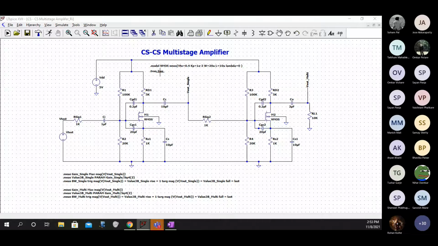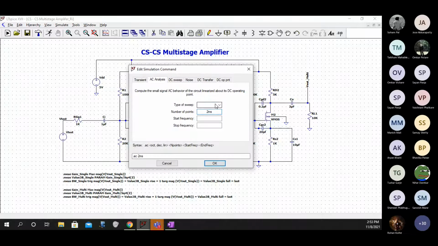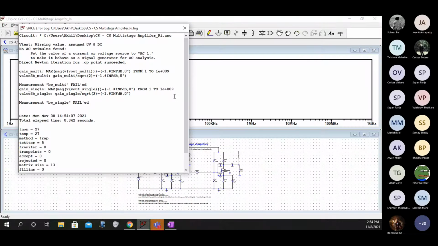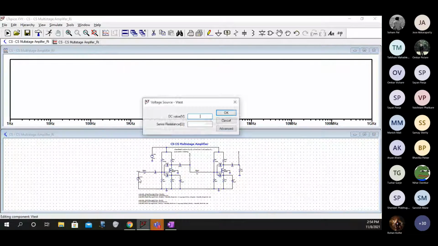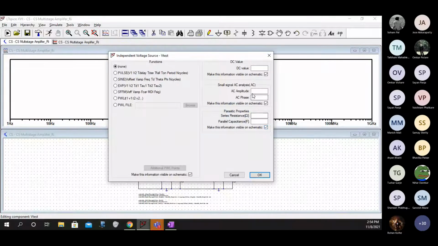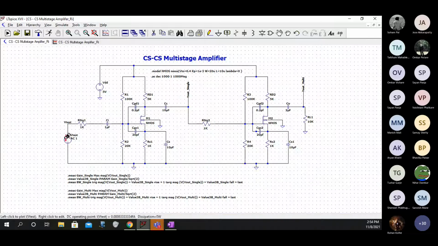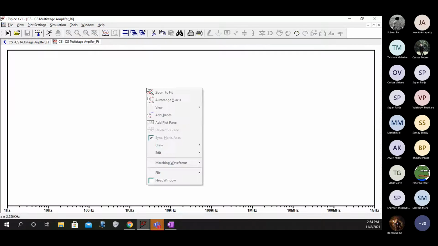So I will change that .tran to .AC. Sweep is in megs. Now we can plot this thing here.